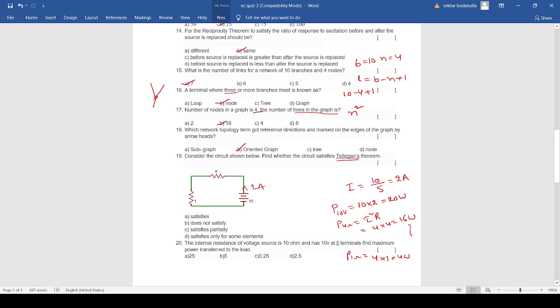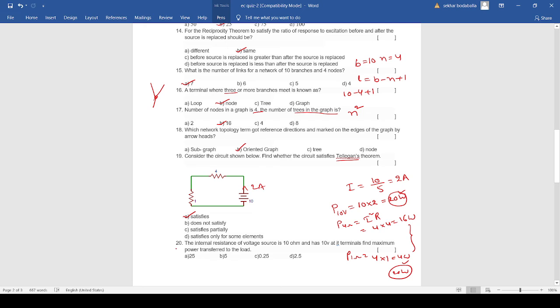So if you add 16 plus 4, that is also equal to 20 watts. So the power dissipated in the network is 20 watts and the power supplied to the network is 20 watts. So power supplied is equal to power dissipated. So it is satisfying Tellegen's theorem. So the answer is satisfies. Option A is the correct answer.